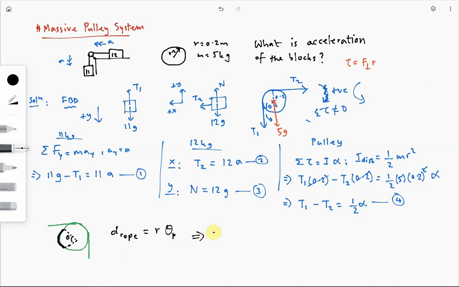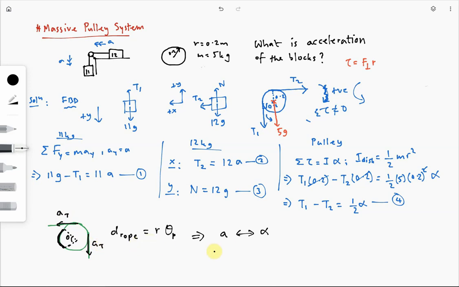Therefore, there must be a relation between angular and linear acceleration, right? And we know that to be true. If we look at the ropes, the rope is always moving tangent to the pulley, right? So the acceleration produced by the system is always tangential.